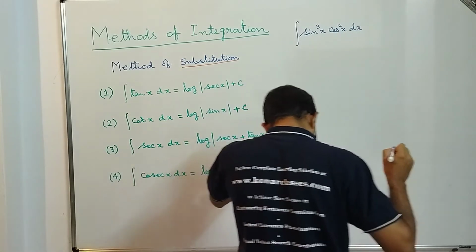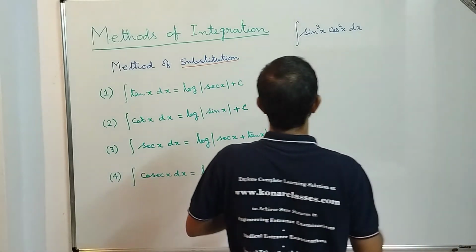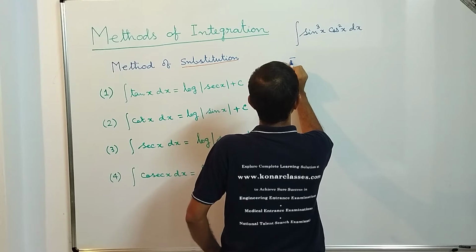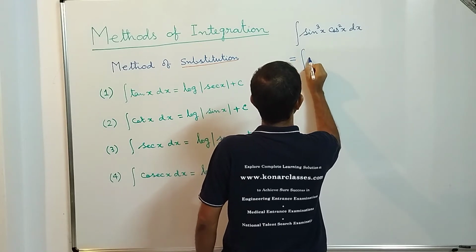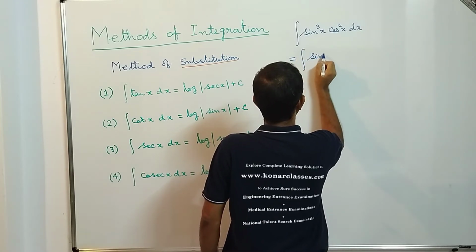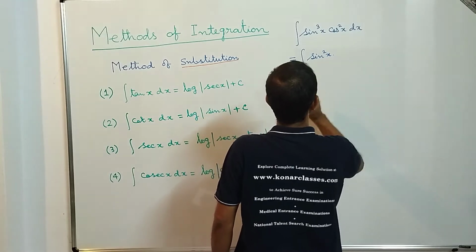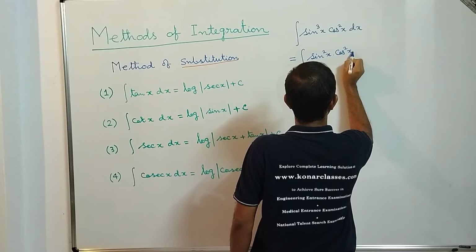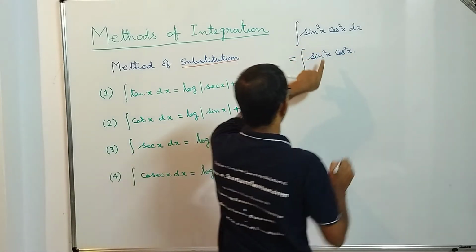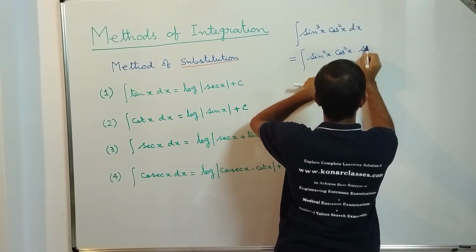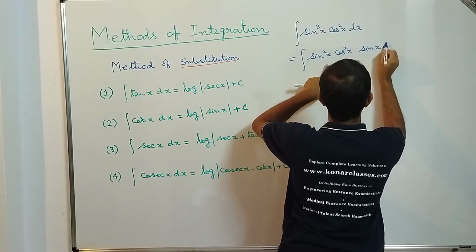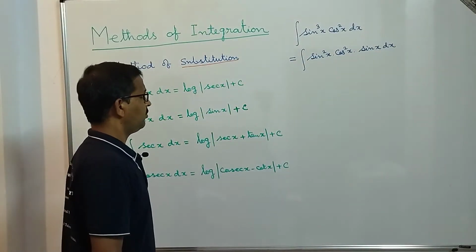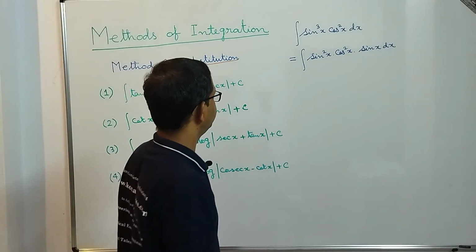So what we are going to do, dear, is write the integration of sin cube x as sin square x into cos square x into sin x dx, okay? Why have we done so?